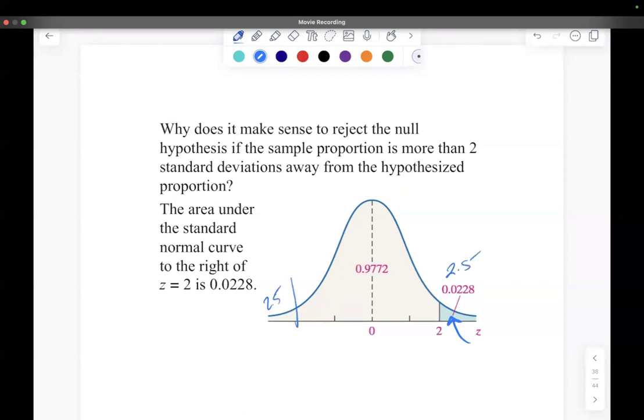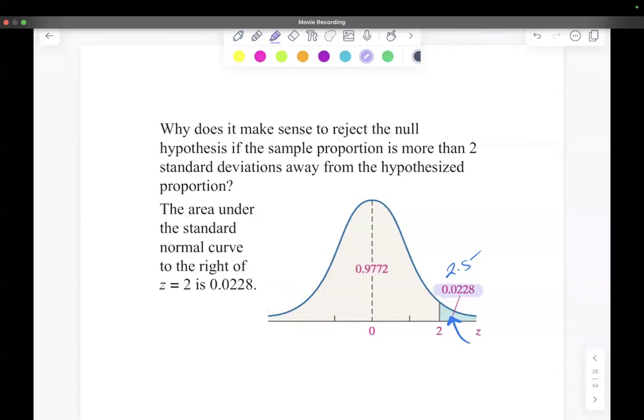But as we know, the empirical rule is not exactly 2.5% in each tail. The empirical rule was kind of like rounding it. So actually 2 standard deviations gives me 97.72-ish% in the middle, or to the left, and it gives me this much in my tail.